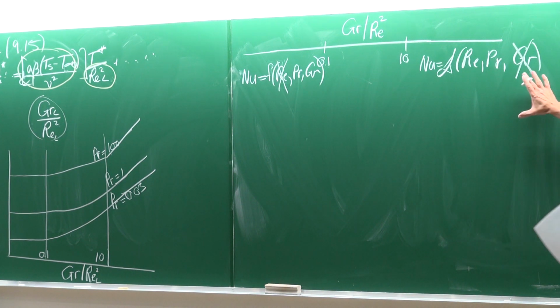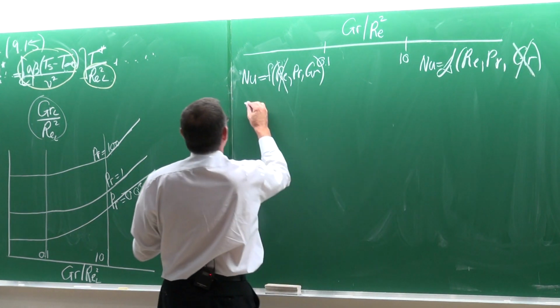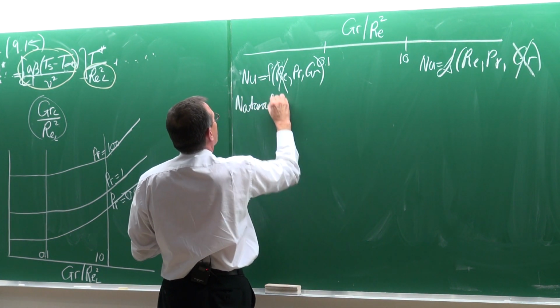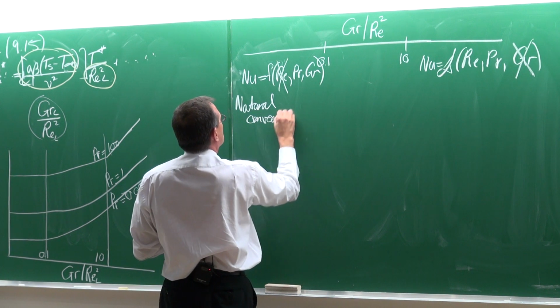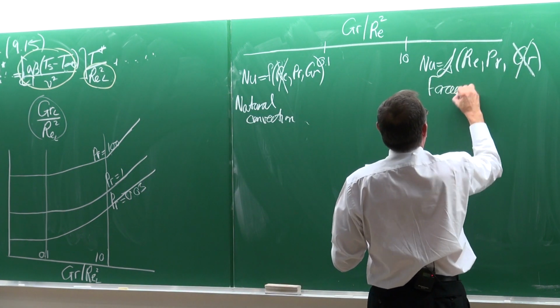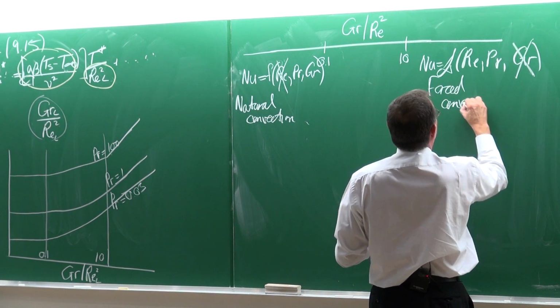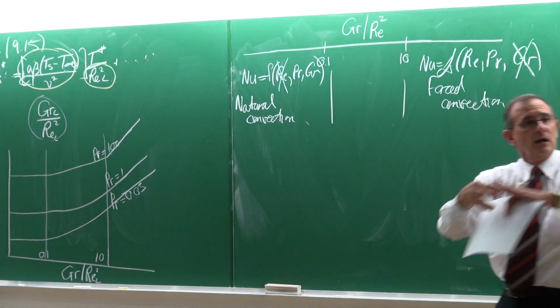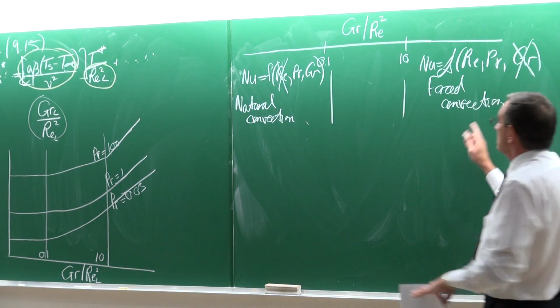So this is the natural convection part, and this part is forced convection. And guess what? That part is then named mixed convection.